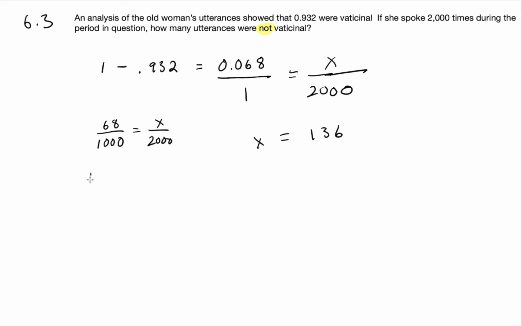Then you would just say 1,000x equals 2,000 times 68, which would be 136,000. Then x is obviously 136 because we drop the 3 zeros off the end. Same answer. It's just whichever way you need to wrap your head around it. Okay? Alrighty.